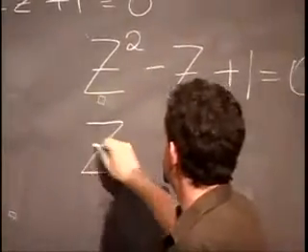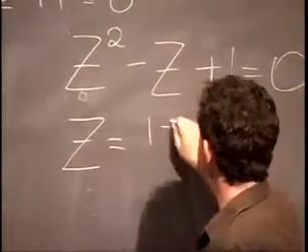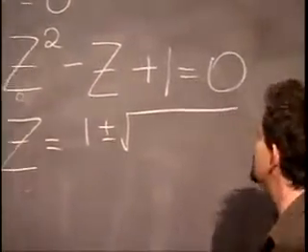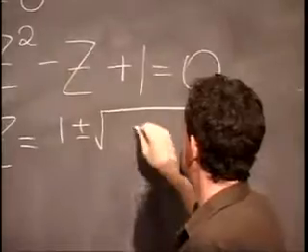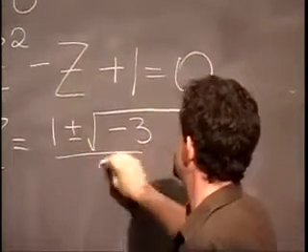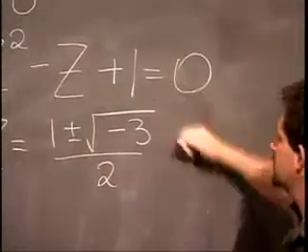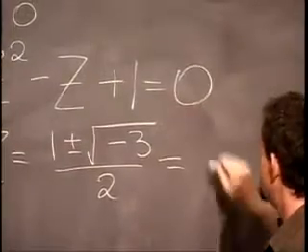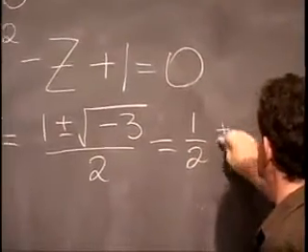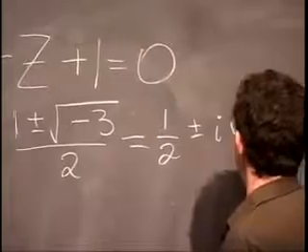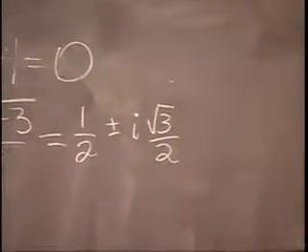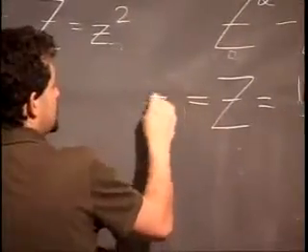So I use the quadratic formula here. I get capital Z is minus b plus or minus the square root of b squared, which is 1, minus 4ac, negative 3. So I get 1/2 plus or minus i root 3 over 2. And that's capital Z. And I want to remind you, this is the same as little z squared.